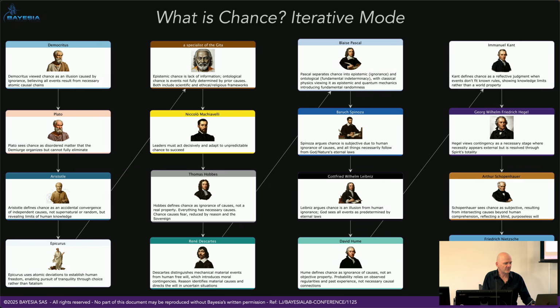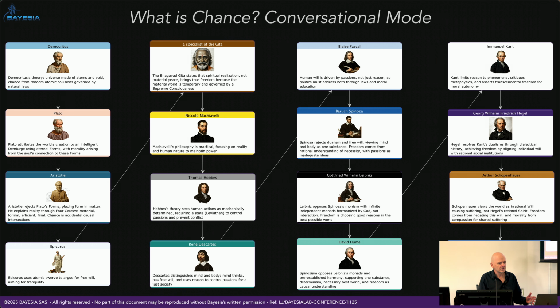And then I have another one for the conversational mode. So they are answering the first one, Democritus. At the end of the day, his answer is more or less the same because he is starting. But then Plato will answer based on the answer of the other one.